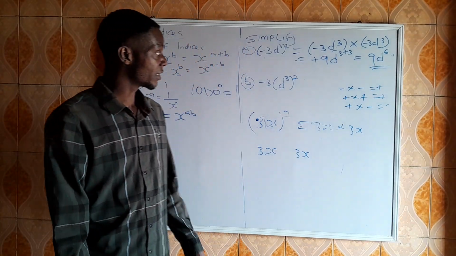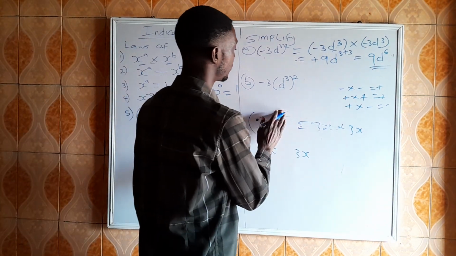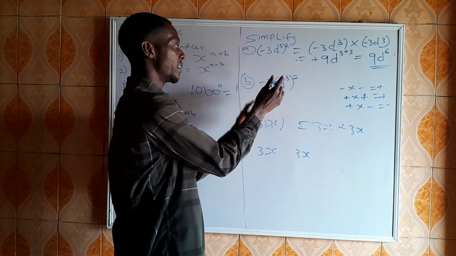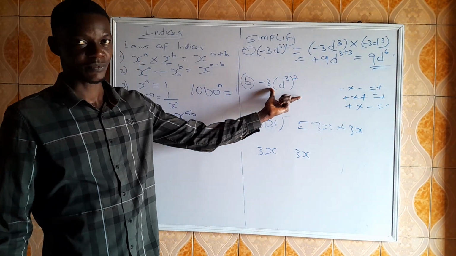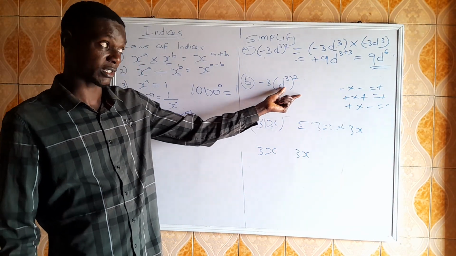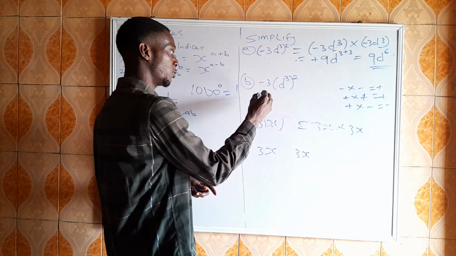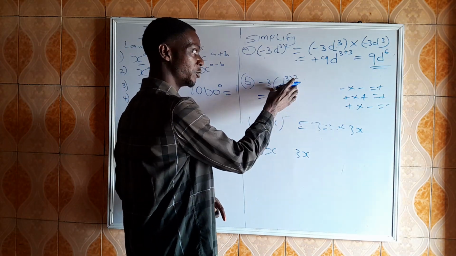So you have this. And for the second one, now notice this minus 3 is not inside the bracket. So you won't solve it with the bracket as you did for this. So it will just be minus 3. Then you open the bracket up.